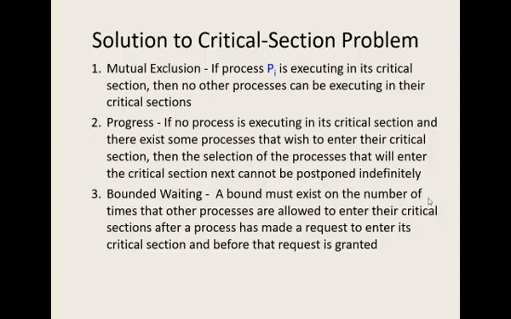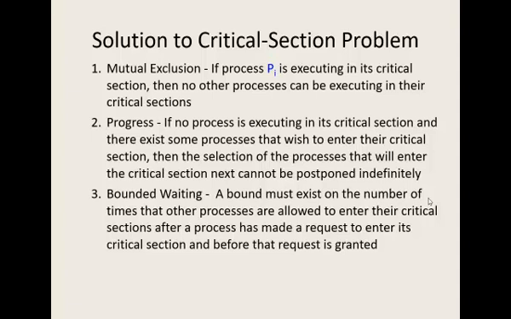So as solutions, there are three conditions we need to assure to run the processes in the correct order and get the correct results as the output. So the three conditions are indicated here. The first condition is mutual exclusion.